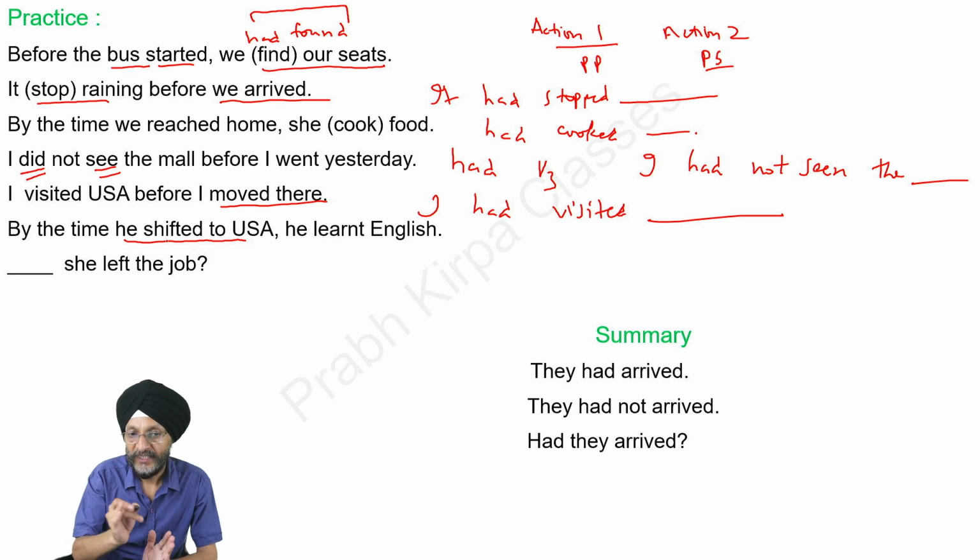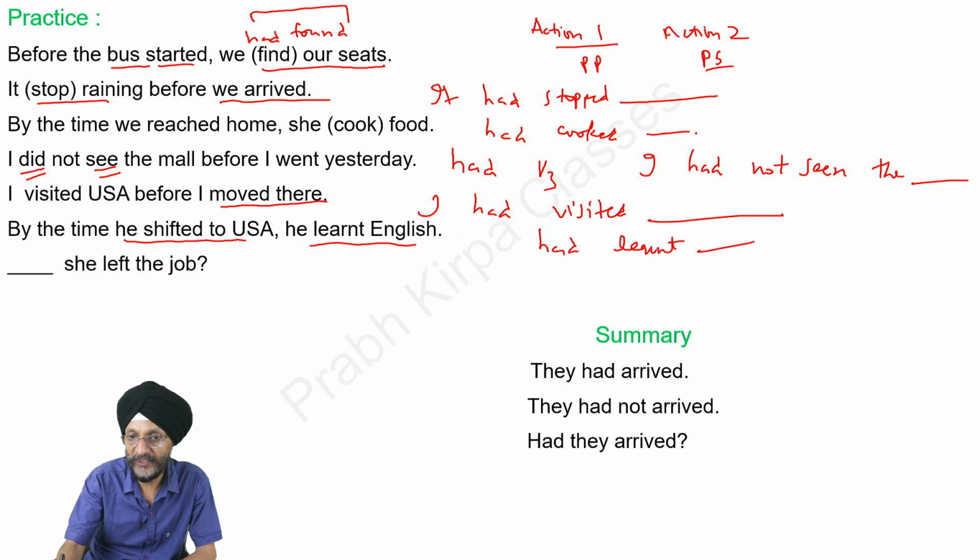This part of the sentence has to be in the past simple tense, whereas he had already learnt English. So this part of the sentence has to be in the past perfect form. So we will write, by the time he shifted to USA, he had learnt English.